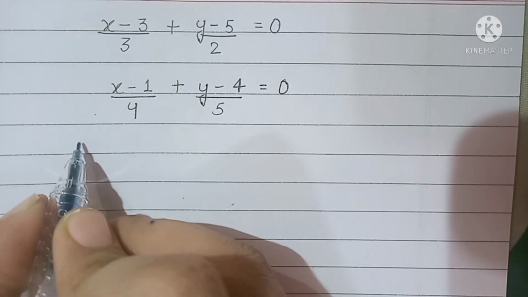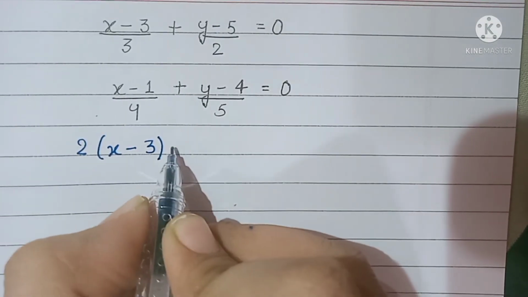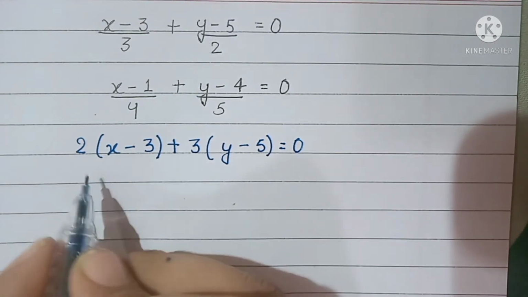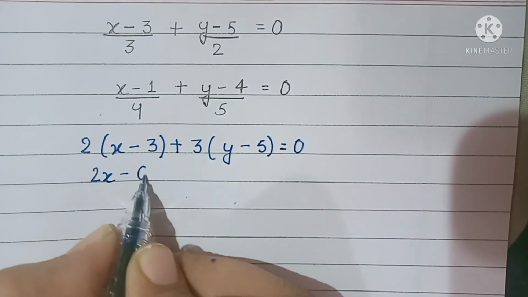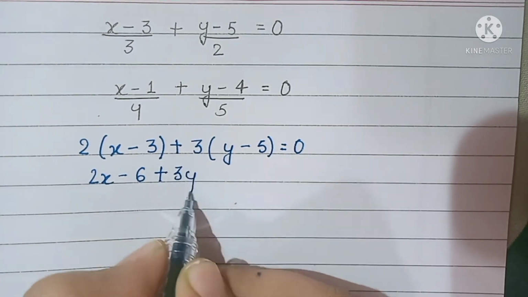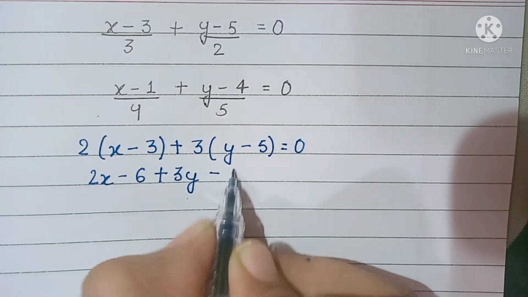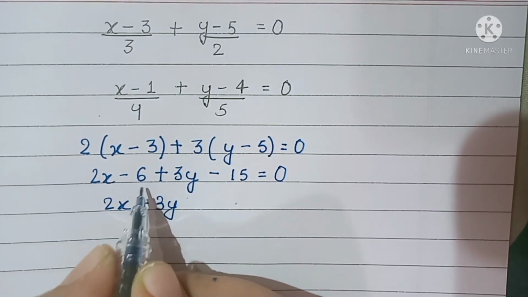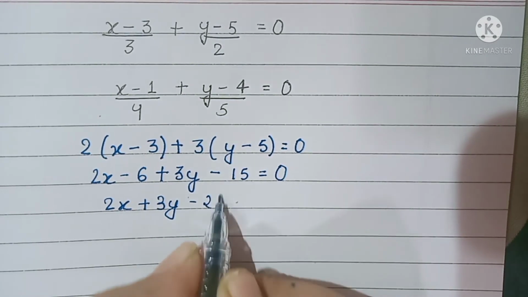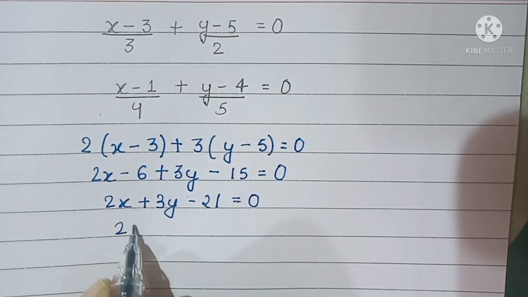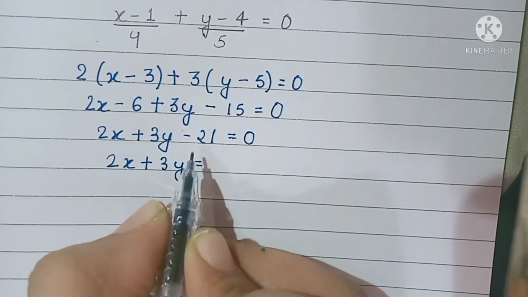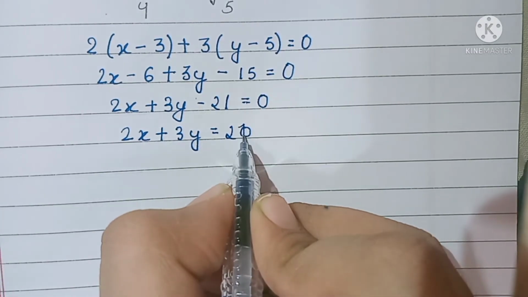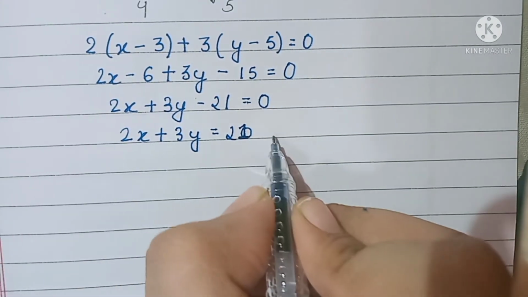We can write as 2(x minus 3) plus 3(y minus 5) is equal to 0. 2 into x is 2x, 2 into minus 3 is minus 6, plus 3 into y is 3y, plus 3 into minus 5 is minus 15 is equal to 0. 2x plus 3y minus 6 and minus 15 is minus 21 is equal to 0. 2x plus 3y is equal to 21, as minus 21 will go to that side in plus. So this is our first equation.